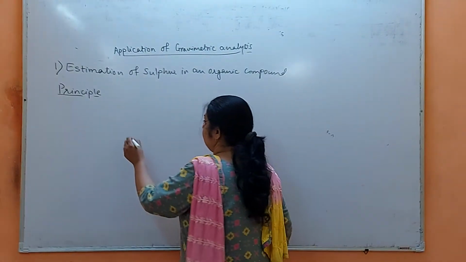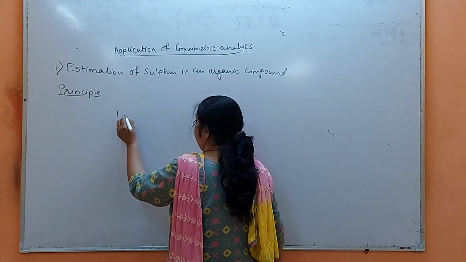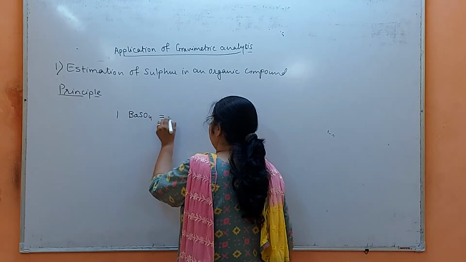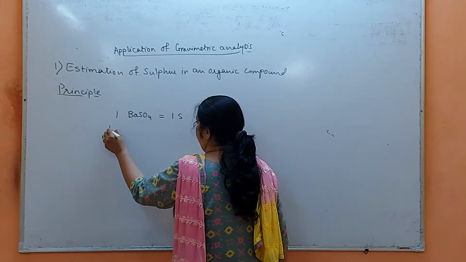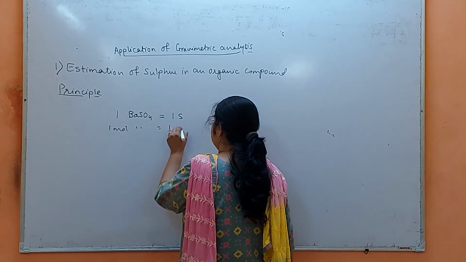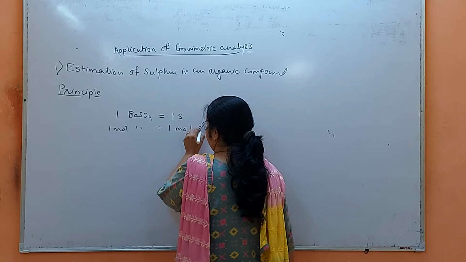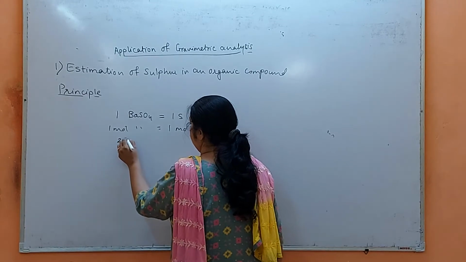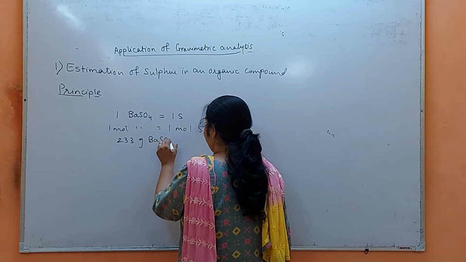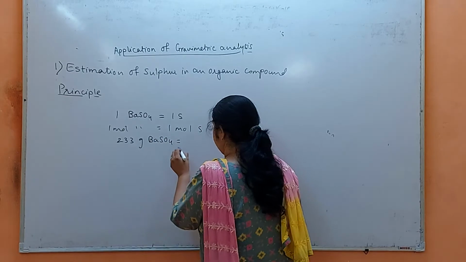Now we can do the calculation and we can find the amount of sulfur present in the organic compound. Say 1 mole BaSO4 is equal to 1 mole sulfur. So we can say 233 gram BaSO4 is equal to 32 gram sulfur.